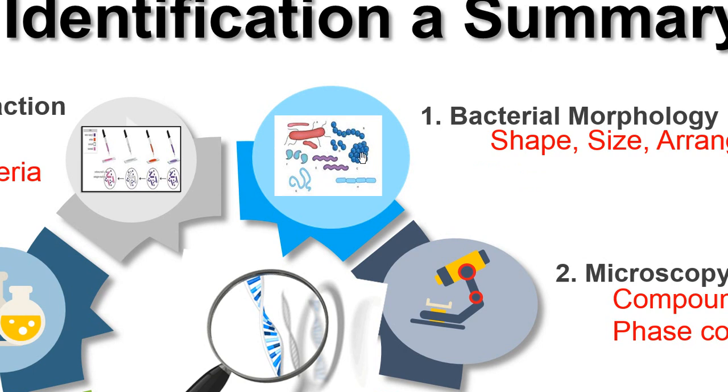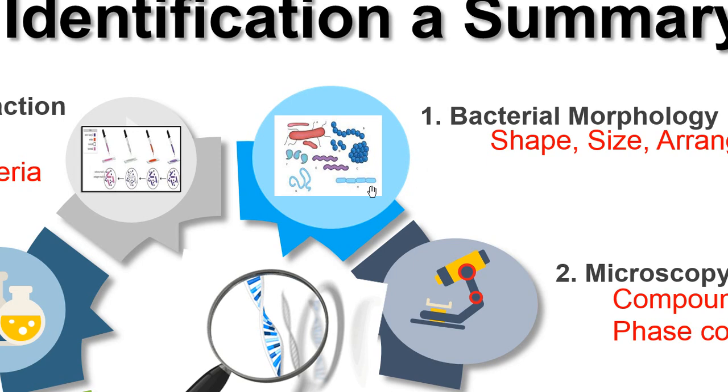Some are present as chains, long or short. Some are present as bunches, just like grapes. These things provide guidelines to us that, initially, this is how they look, so they can be that particular group of bacteria.